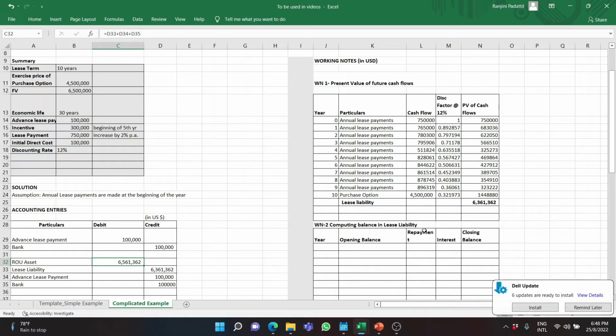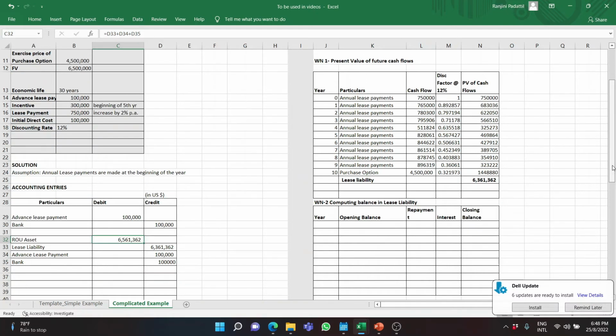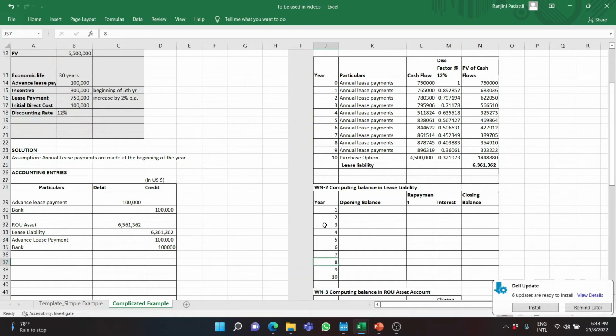Yes. Okay, now we go on to working note 2, which is to compute the closing balance in the lease liability. So we have 10 years. The opening balance is 6,361,000. Now over here, you remember the annual lease payments are made at the beginning of the year.